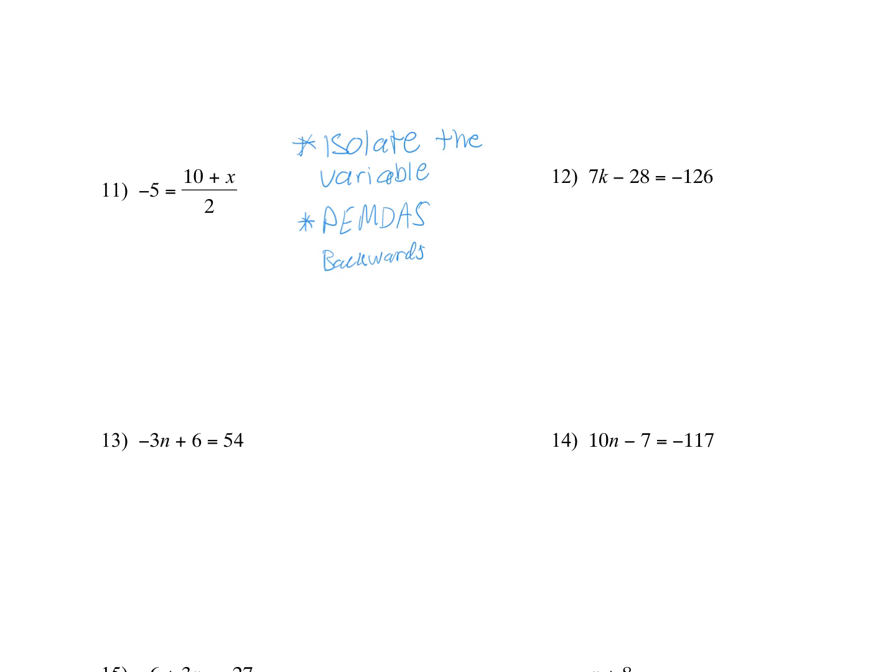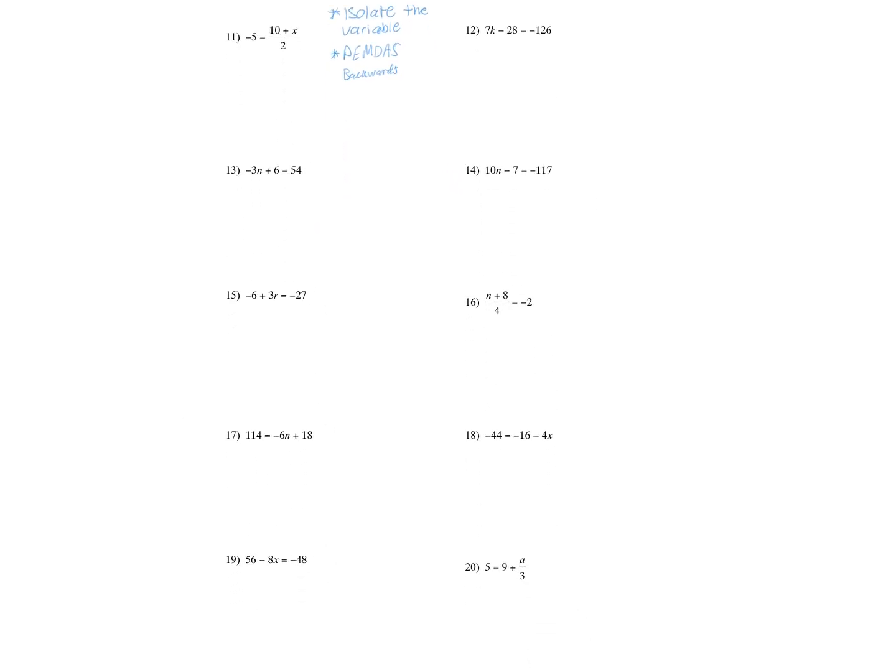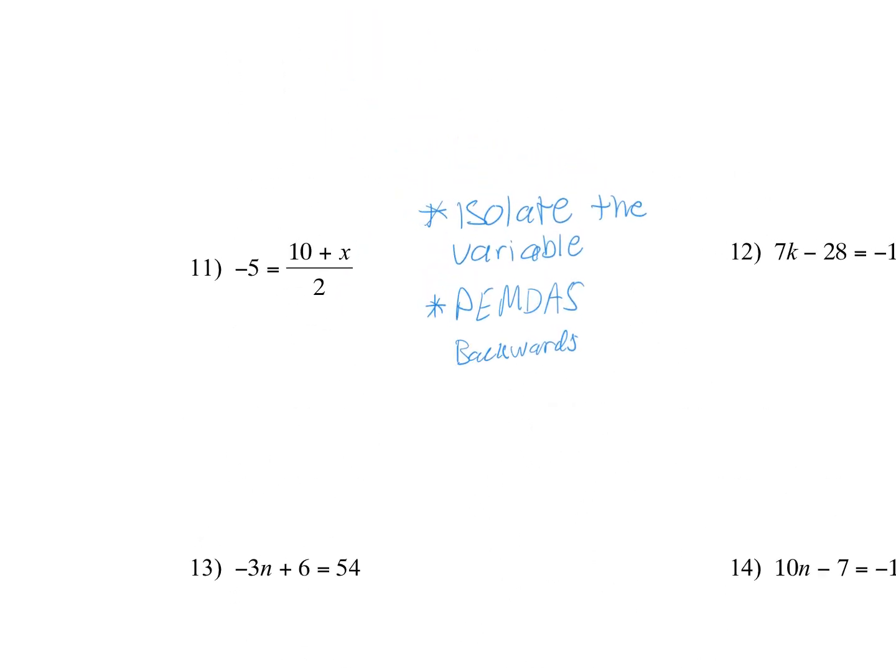So if you look at something like number 11, the variable right now is not by itself. So we want to undo the equation. We say order of operations backwards, so we want to take care of any addition and subtraction.